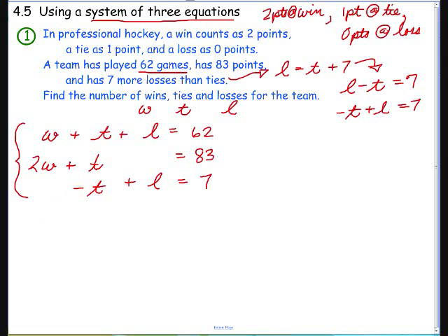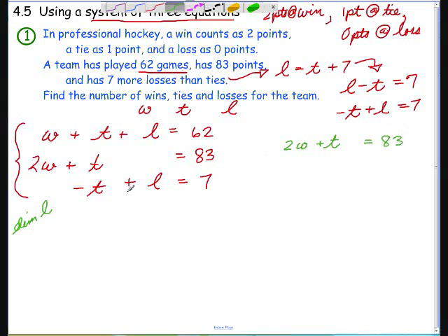What am I going to try eliminating first? Well, I think since this is already gone here, let's try eliminating L. I know it's not the only way it could be approached, and maybe you're trying a different way. So to eliminate L, I don't have to worry about equation 2 because it's already gone from there. That'd be 2W plus T equals 83.